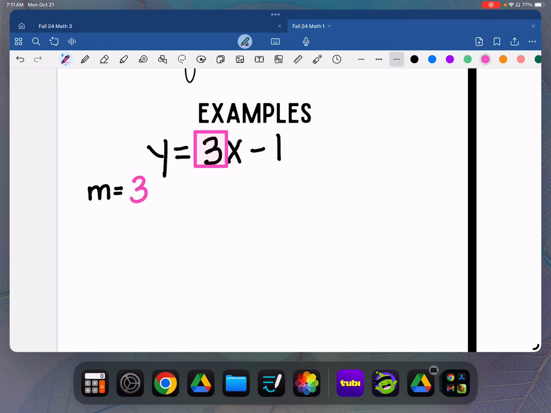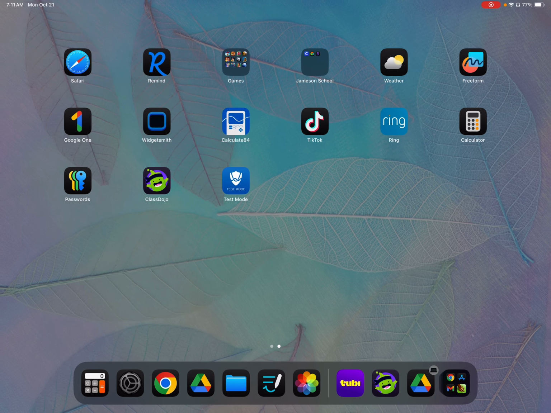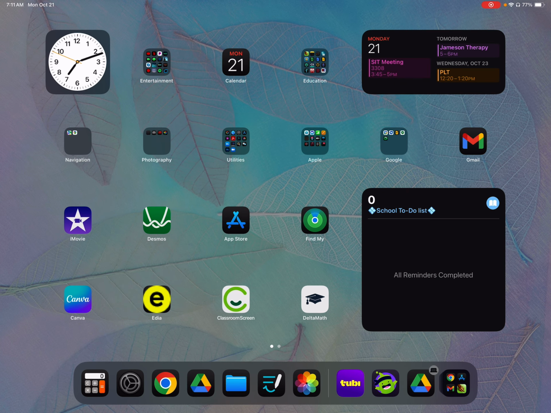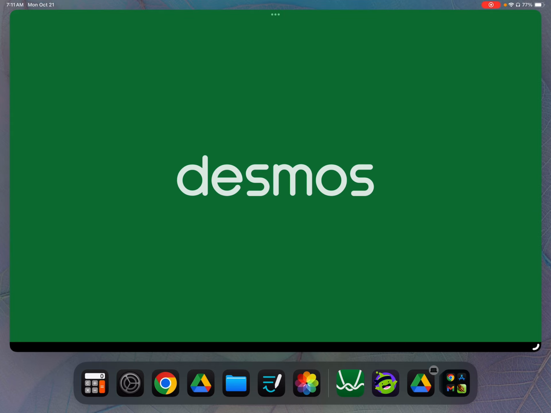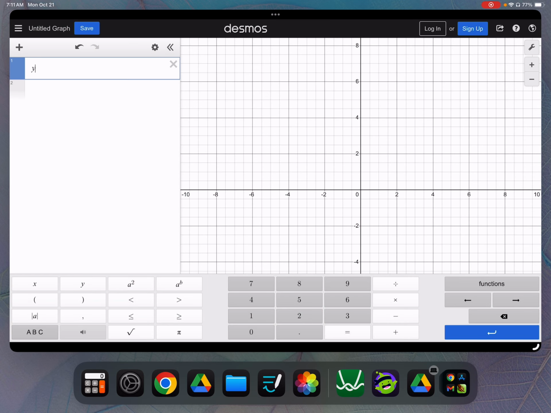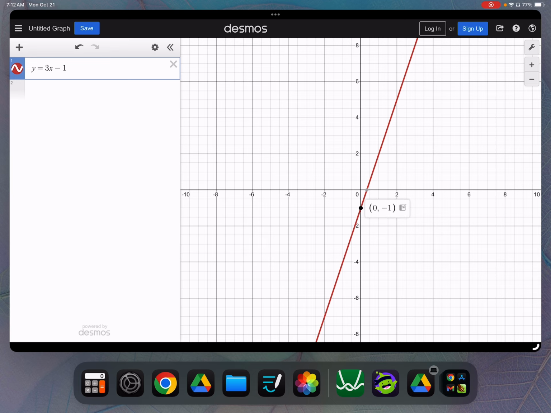And my y-intercept is always the number being added or subtracted, so it is -1. I can verify that it's crossing the y-axis at -1. If I go to Desmos and put in y equals 3x minus 1, we'll get to slope later, but I can see right here where it crosses the y-axis, that is in fact at -1.